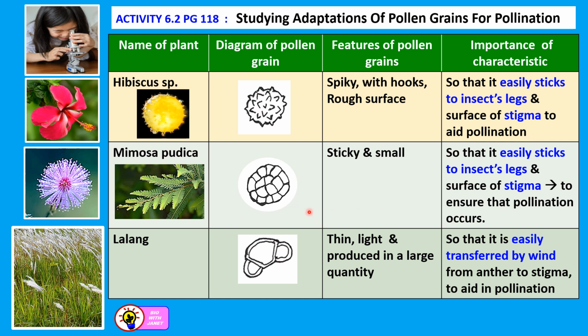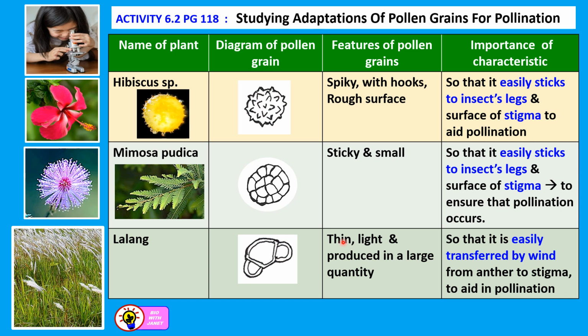Whereas for Mimosa pudica, the surface is not so spiky or rough, but it is sticky and small, so that it can easily stick to the insect's legs and surface of stigma in order to ensure that pollination occurs. For the lalang, it's different. Its pollen grain is shaped like that and doesn't have a rough surface.